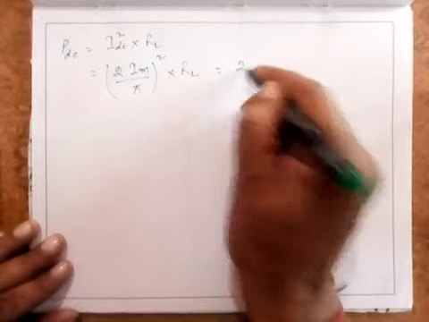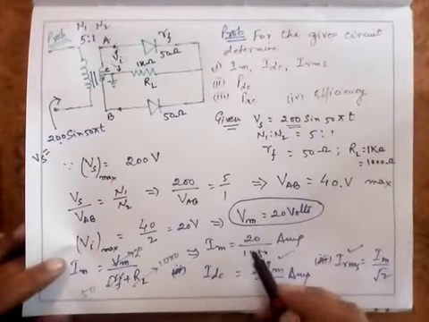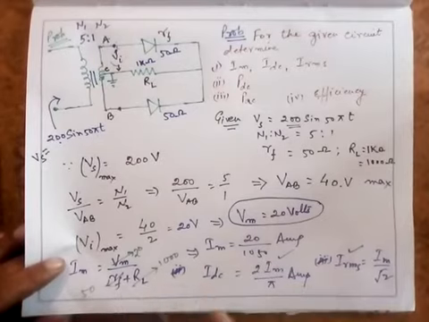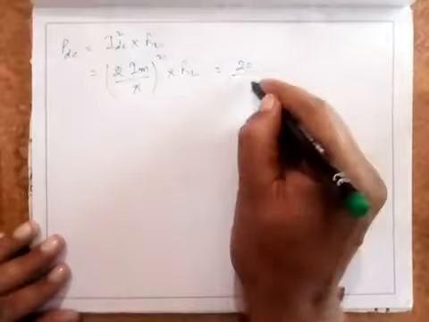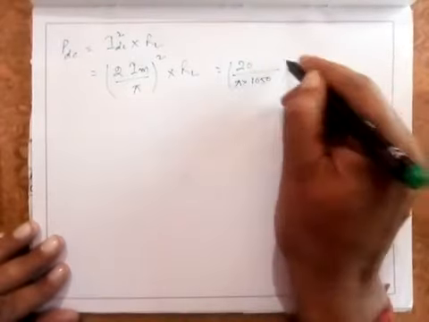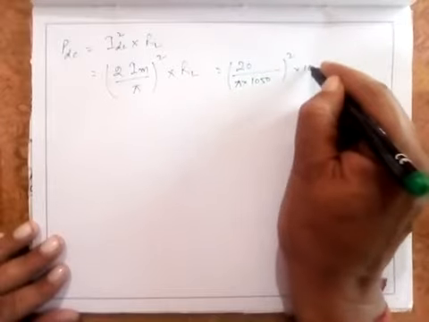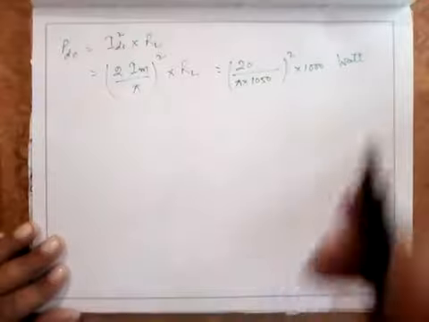Of course this will be twice of Im, where Im is 20 upon 1050. So it will be twice 20 upon 1050, pi is already there, whole square into RL, which is 1000, this much watt. Kindly do the calculations.